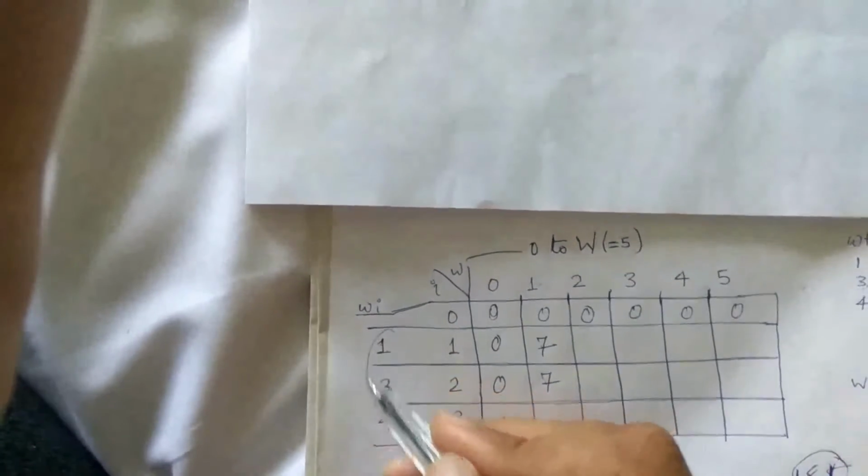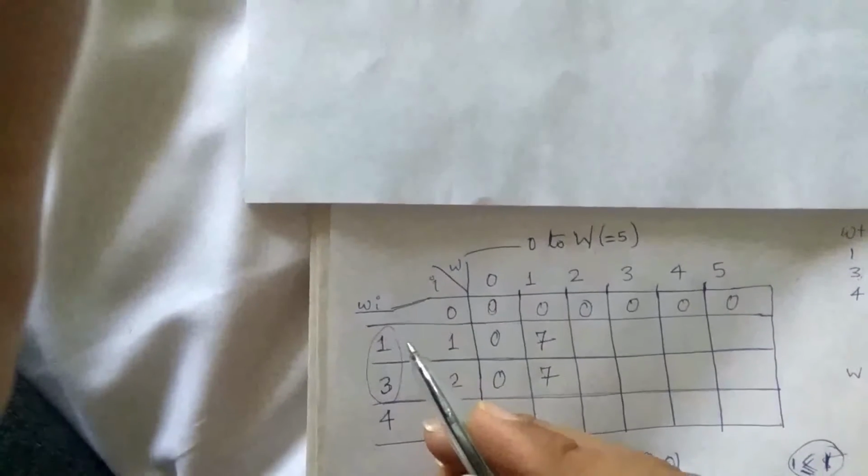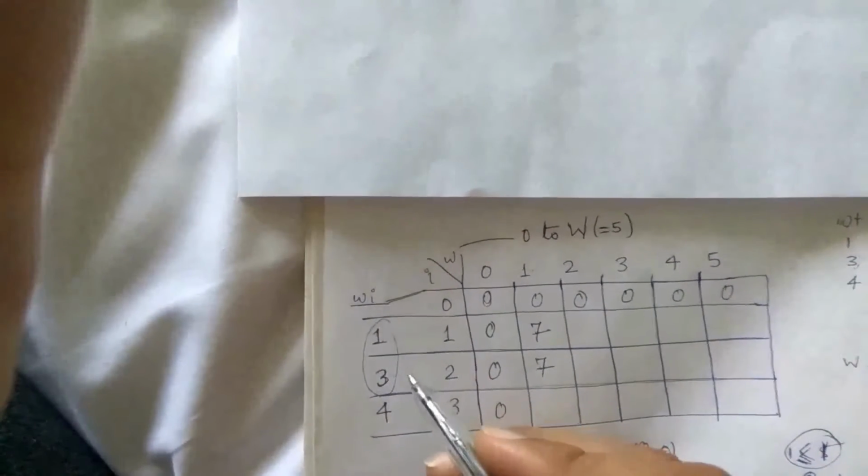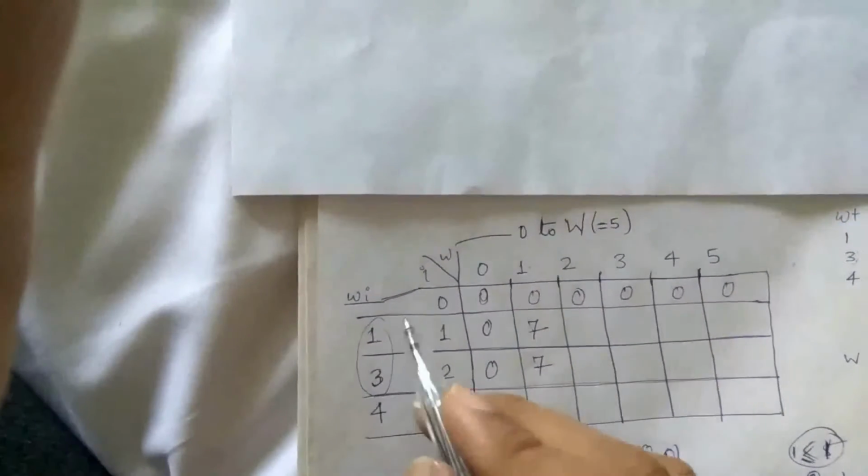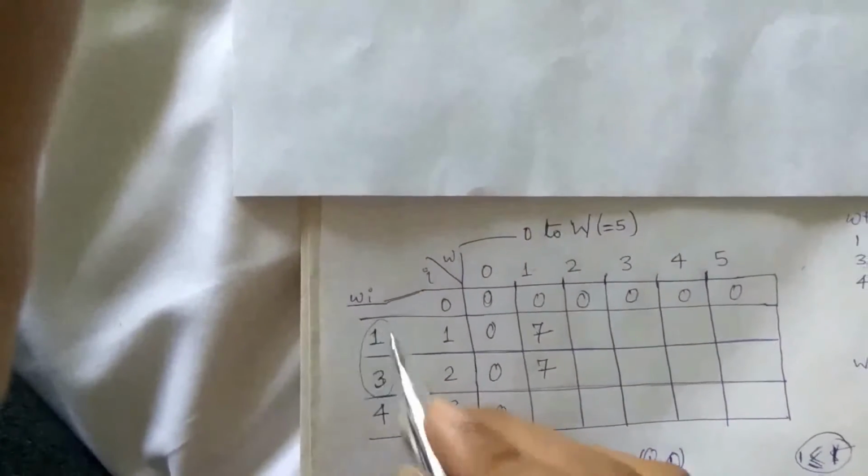So when we have a knapsack of weight 1, we have till now 2 elements. Either we can pick this or this, or both. So we cannot pick this one. But before that we also have item 1 with weight 1, so there is a possibility of picking this. So this will be 7, right?